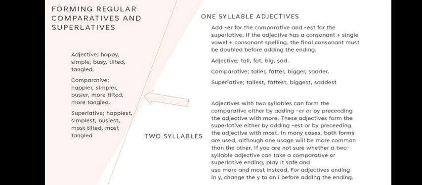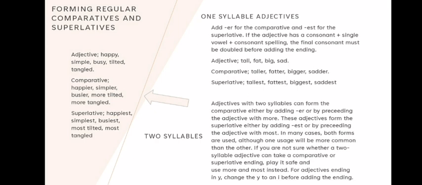If you are not sure whether a two-syllable adjective can take a comparative or superlative ending, play it safe and use more and most instead. For adjectives ending in y, change the y to i before adding the ending.